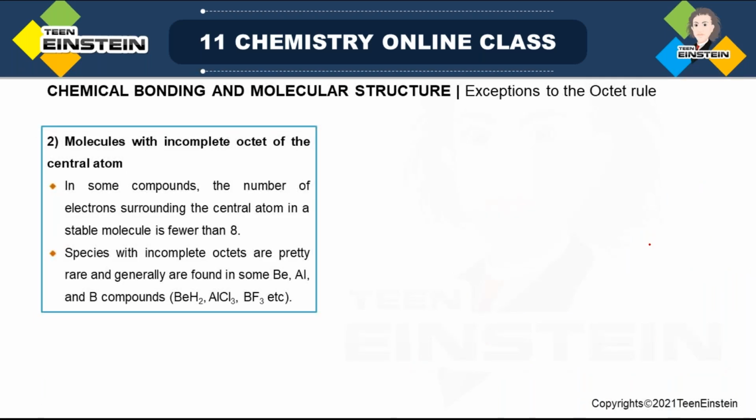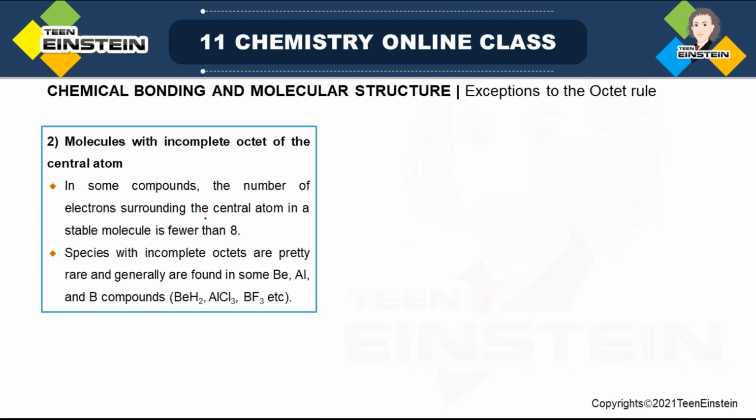Second case, incomplete octet of the central atom. In the previous case also there was an incomplete octet for the central atom, though for nitric oxide we cannot directly use the term central, because there are only 2 atoms, N and O. So what are the examples? Mainly these examples are from beryllium, aluminium and boron.